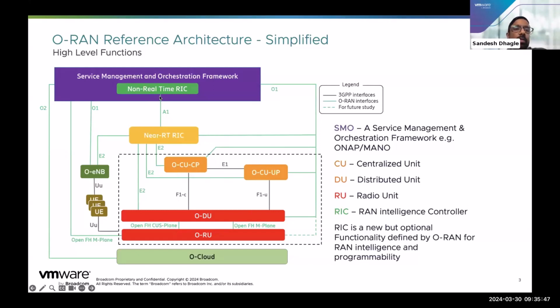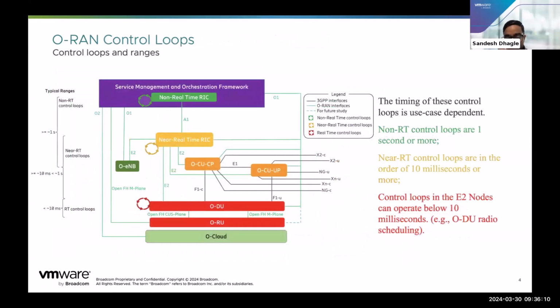It's only connected through the near real-time RIC using an A1 interface. And it's only the near real-time RIC that is connected with the CU and the DU through the E2 interface. So the CU and DU are known as E2 nodes for the near real-time RIC.